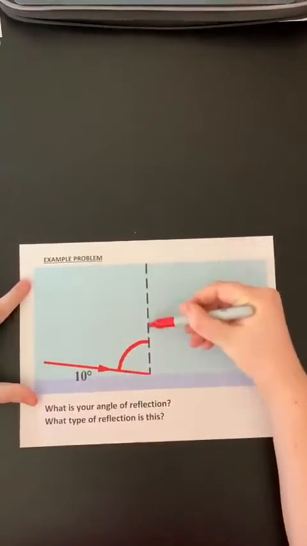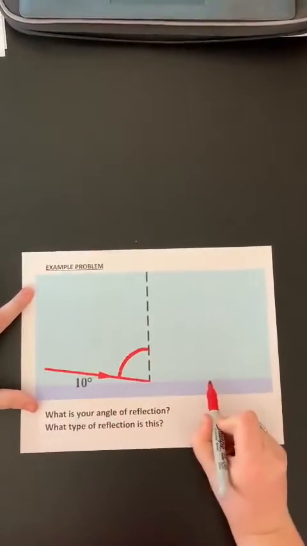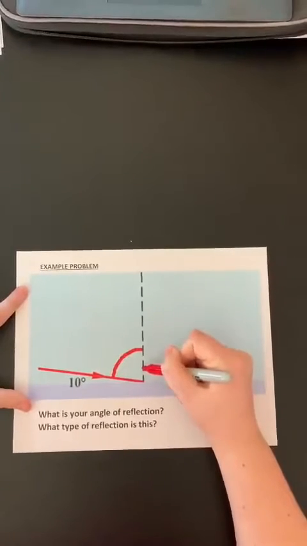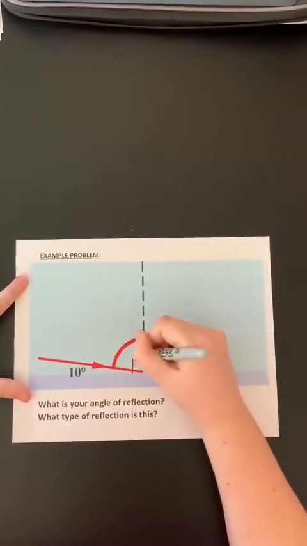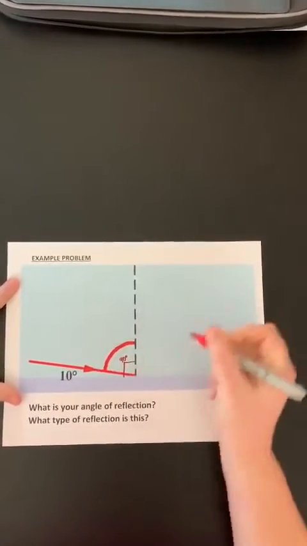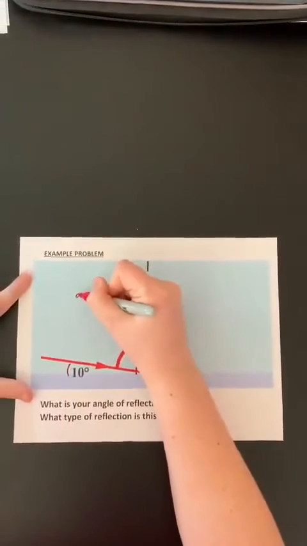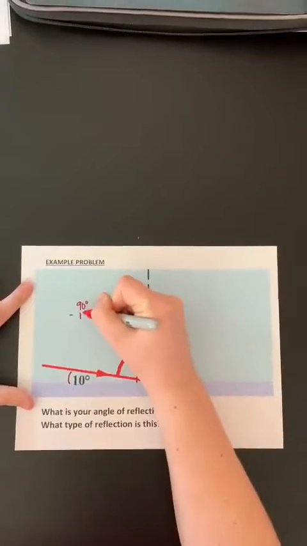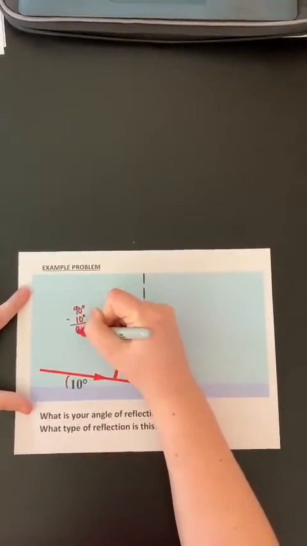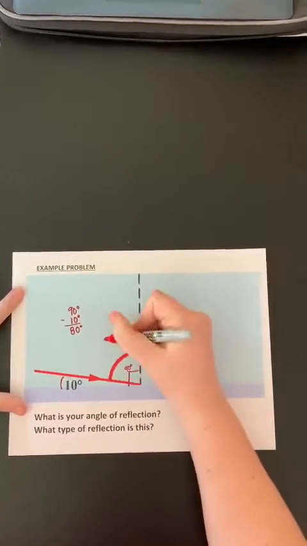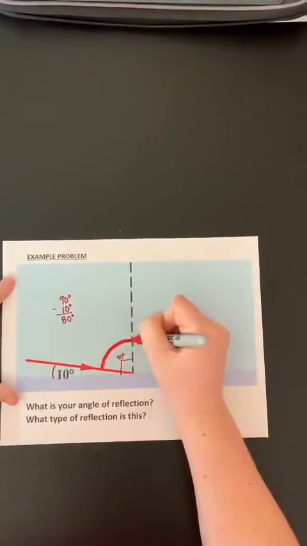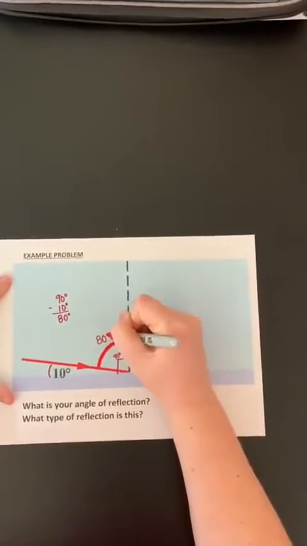So, this line right here is the normal to our surface, so we know it's perpendicular. Anything that's perpendicular is a total of 90 degrees. If we already know that this angle right here is 10 degrees, we know that 90 degrees minus 10 degrees is 80 degrees. So our angle of incidence here is 80 degrees.